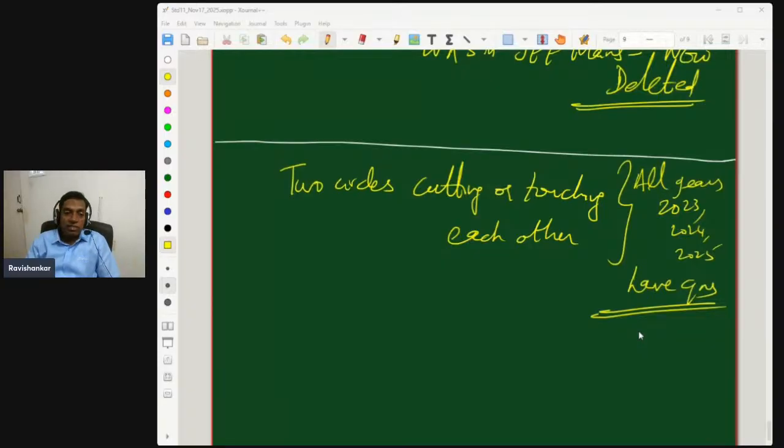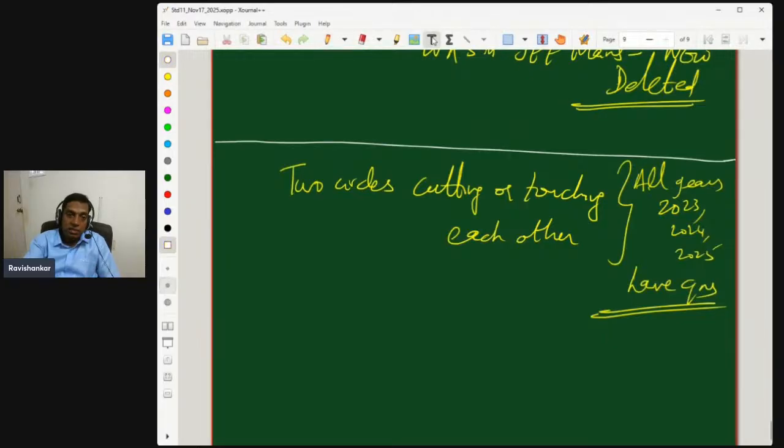So if two circles touch each other, then C1C2 must be equal to R1 plus R2. If they cut each other, then whatever. So that is the unfortunate situation.